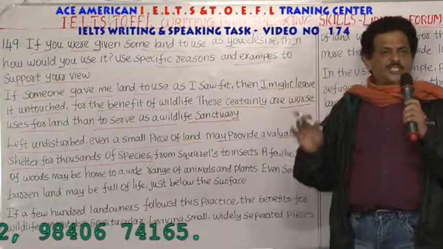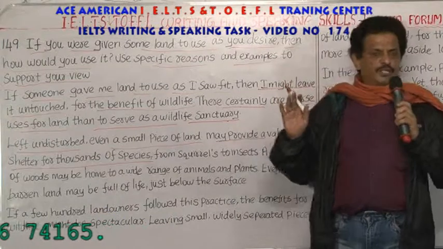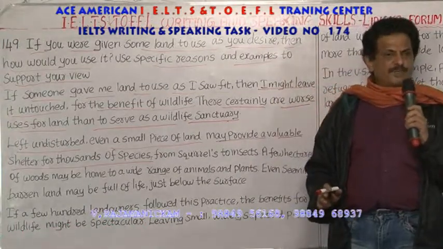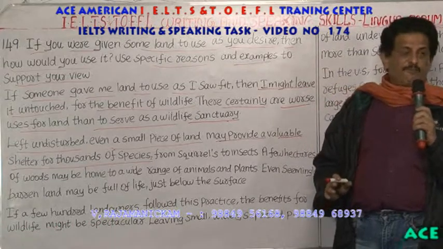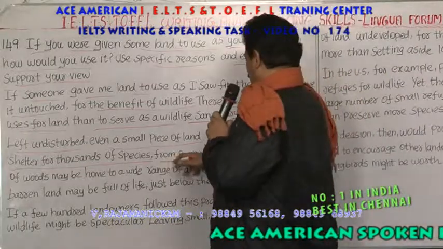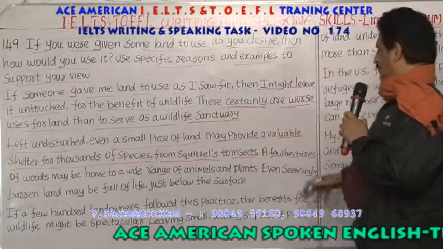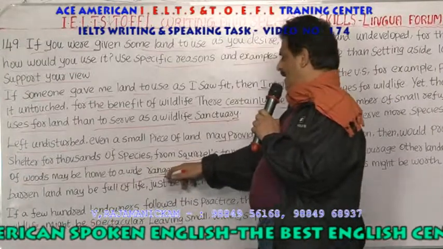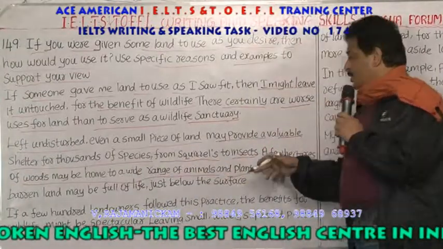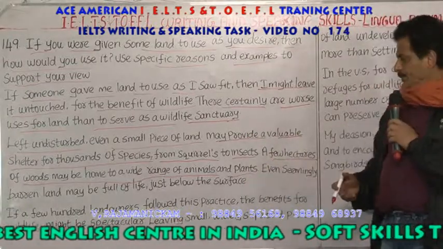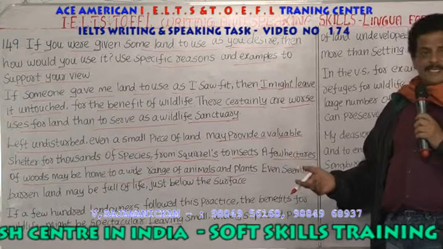Any land which is untouched, which we don't disturb, will be a place for thousands of species, varieties of birds and animals to live. From squirrels to insects, a few hectares of woods may be home to a wide range of animals and plants. So starting from insects to animals and plants.